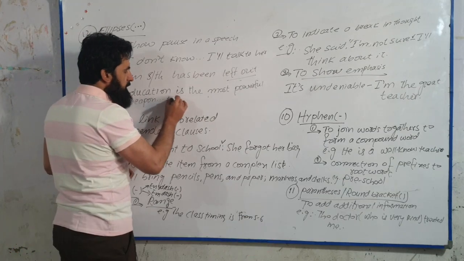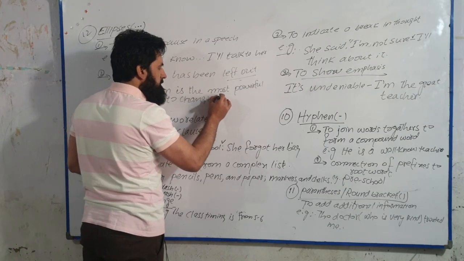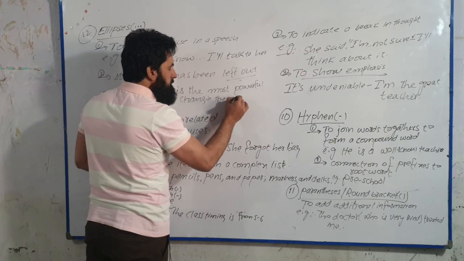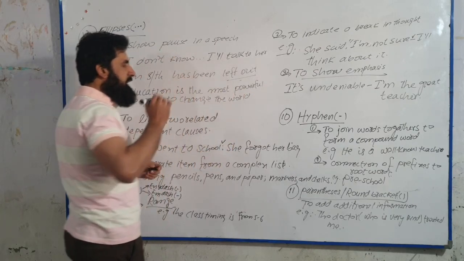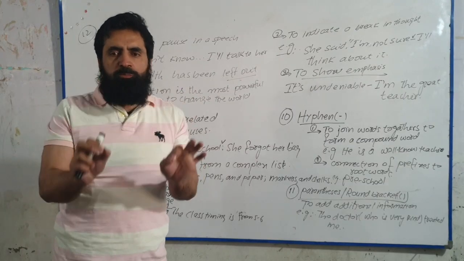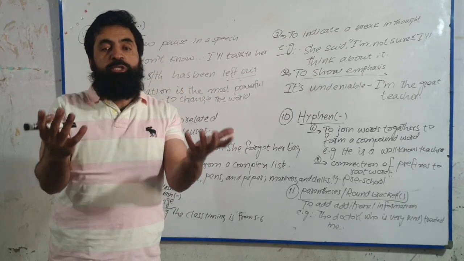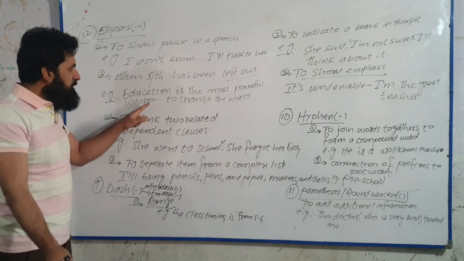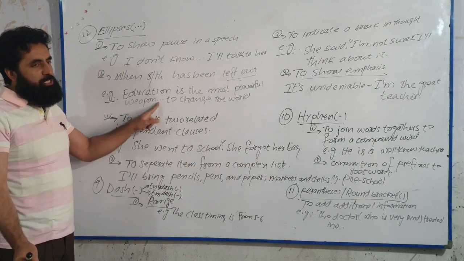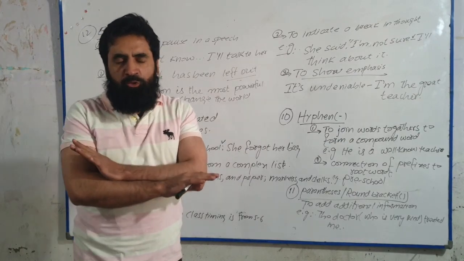Okay, to change the world. Now I have left out what was my first sentence? That was education is the most powerful weapon which you can use. I left out the words which you can use. Okay, so instead of that I use what? That punctuation mark, that is ellipsis. So this is the end of the 12 punctuation marks.